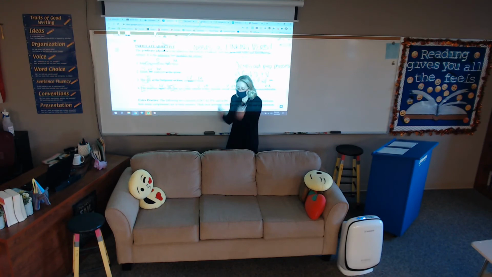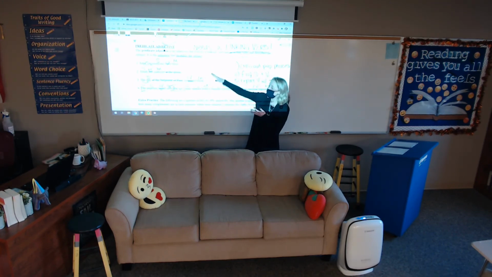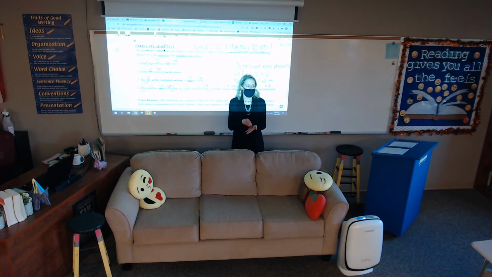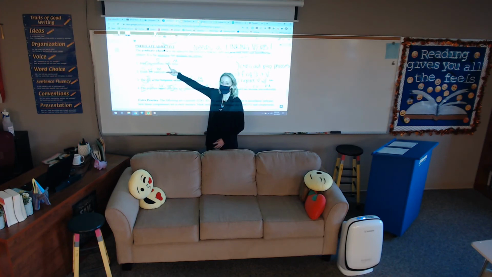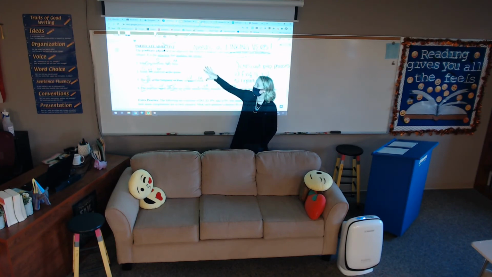If you have a linking verb, then you're going to be looking for either a predicate nominative or a predicate adjective. This is why it is so crucial, you guys, that you know what kind of verb your sentence is using and why you distinguish it when you're labeling. Make sure you write AV over your action verbs and LV over your linking verbs. So then it'll help you decide, okay, what kind of complement am I looking for?